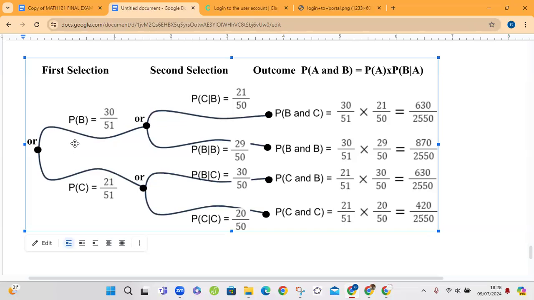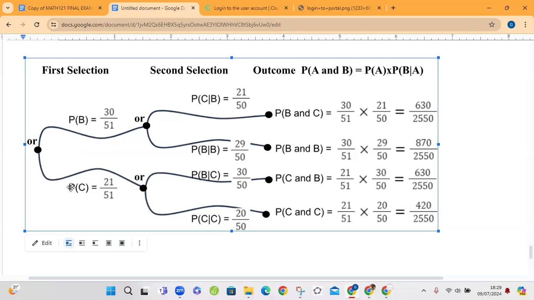Now, the probability of her getting a berry is equal to 30 over 51, because in her first selection, there are 30 berries out of a total of 51 fruits. Or she can select a cherry.